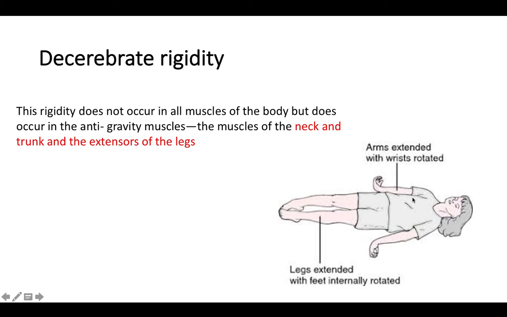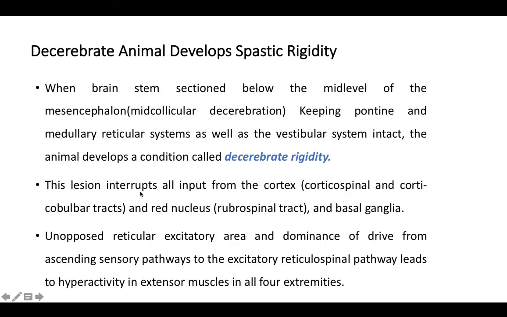Now what happens here is there is interruption of all input coming from the cortex, that is your corticospinal and corticobulbar tracts, as well as your rubrospinal tract that comes from the red nucleus and basal ganglia. Also, there is dominance of the ascending sensory pathways, which give a collateral to the reticular excitatory area. So all these factors lead to hyperactivity in extensor muscles in all four extremities.